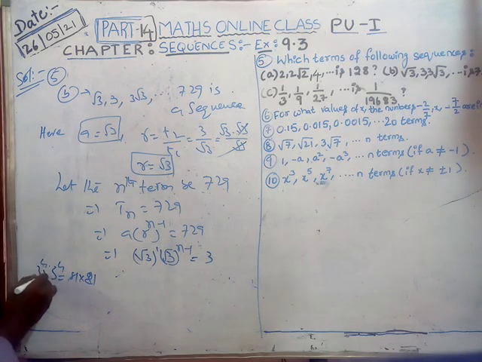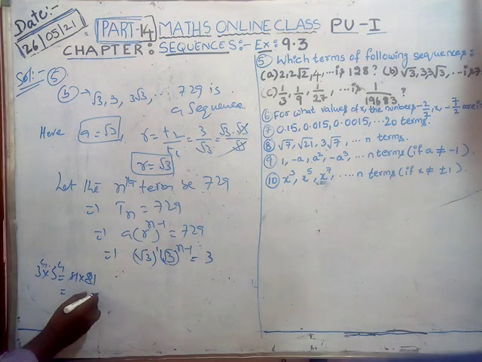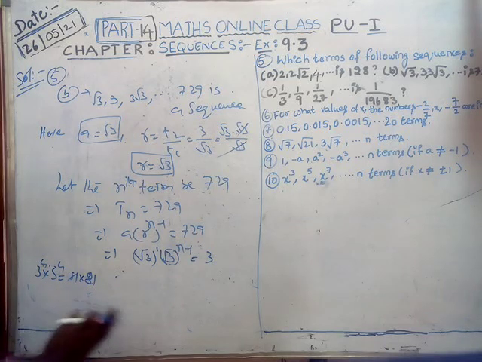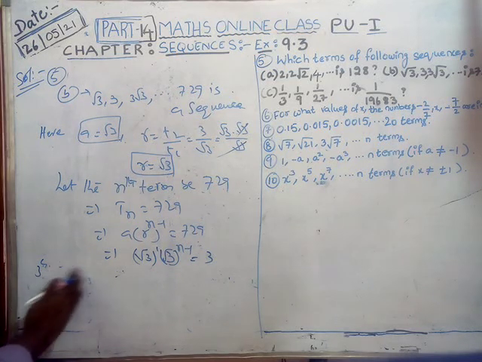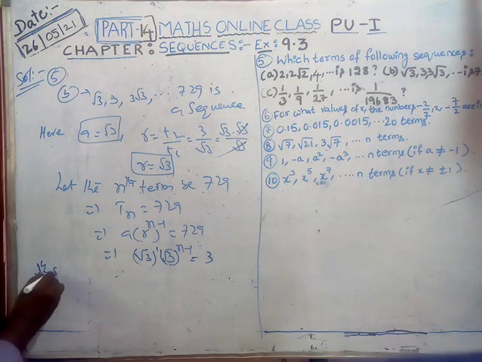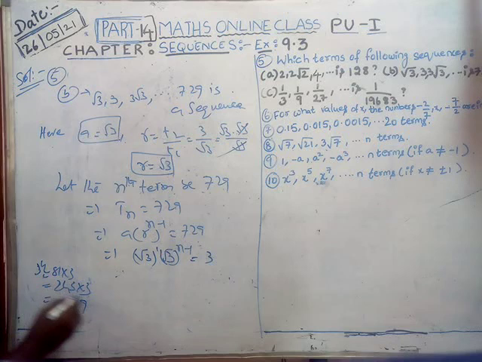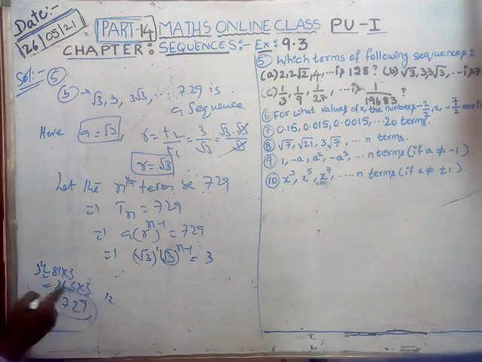We will see. 81 into 3 is 243, and once again into 3 is 729. So 729 is 3 power 6, that is, 3 into 3 again and again six times.